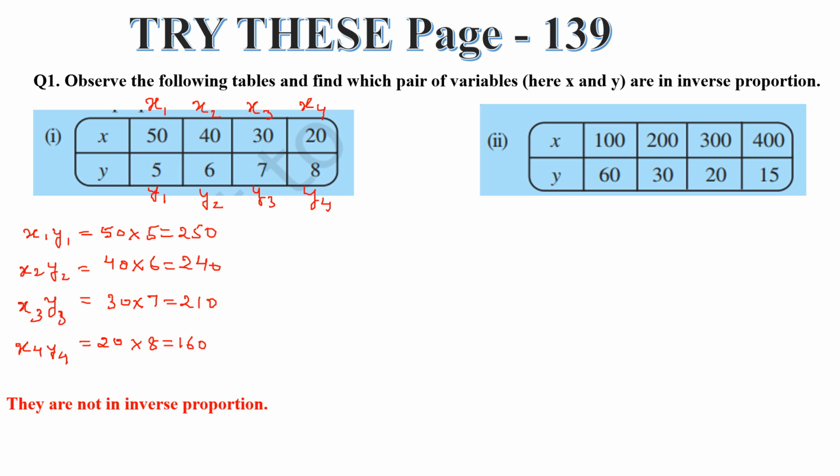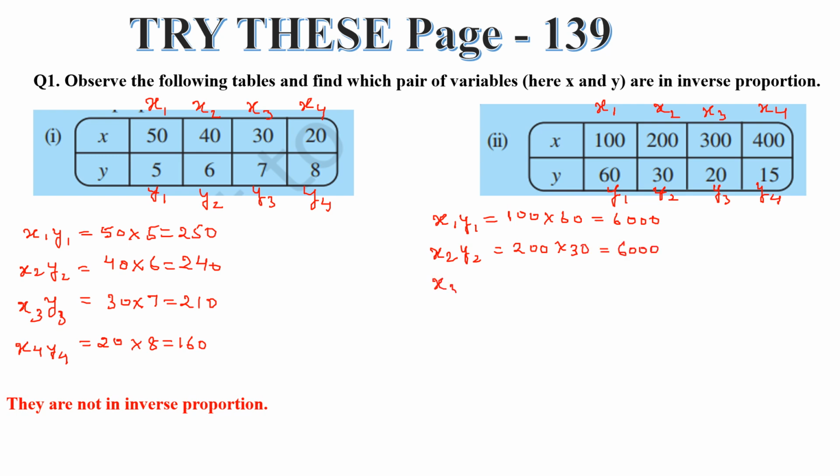Now here also again I am going to write it as x1, x2, x3, x4, and this is y1, y2, y3 and y4. And again I'm going to find the product of it. So x1, y1 is 100 into 60, which will give me 6000. x2, y2 will give me 200 into 30, which will give me 6000.